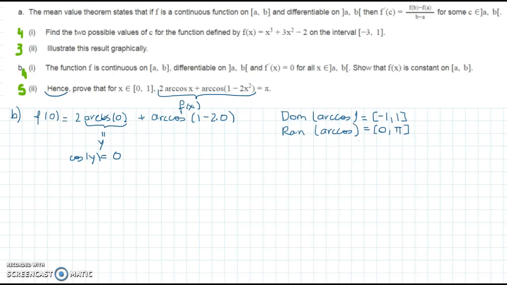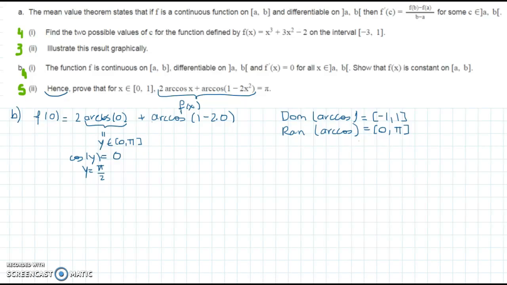And this y also has to be a value between 0 and pi, because that's the range of the function. Well, cosine of y is equal to 0 on that interval for y equals pi over 2. So we have this first term of the function solved.